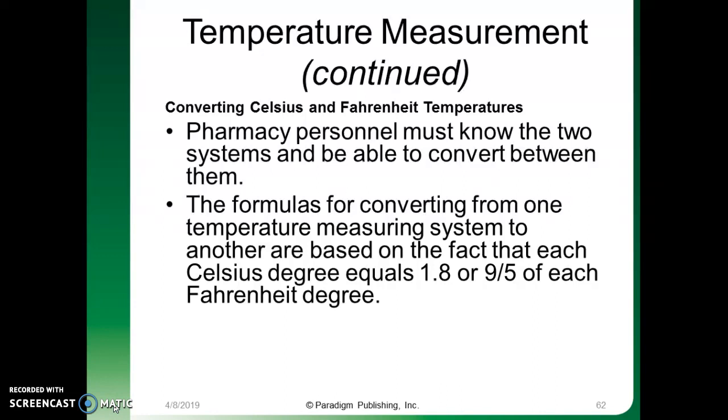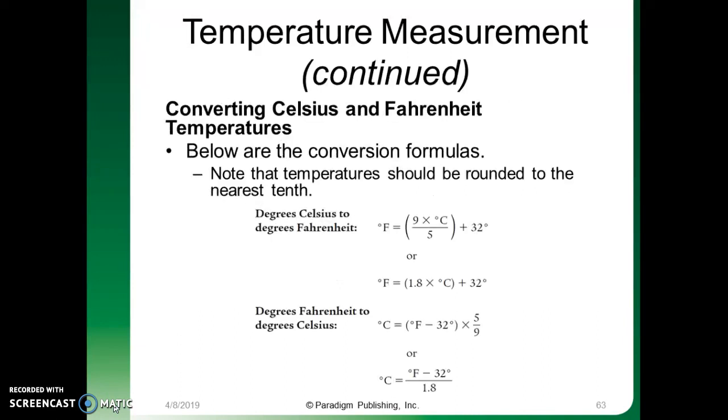The formulas for converting from one temperature measuring system to the other are based on the fact that each Celsius degree equals 1.8, or 9/5, of each Fahrenheit degree. So here are the formulas.